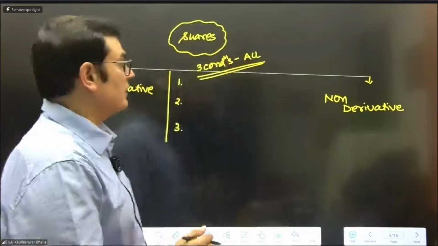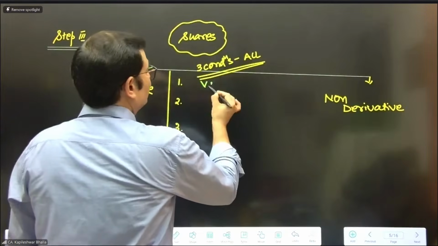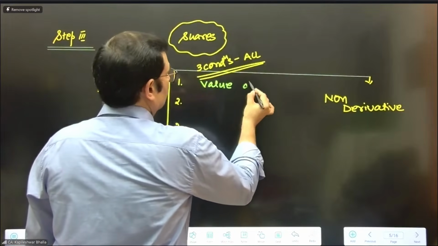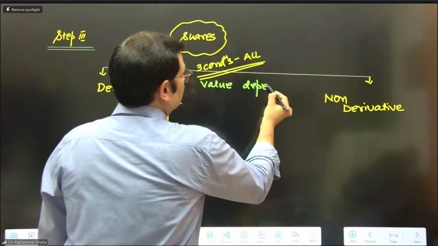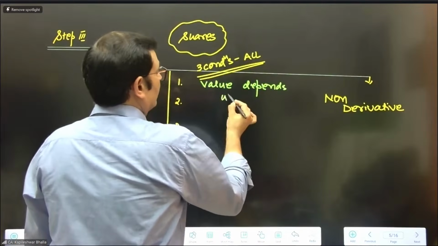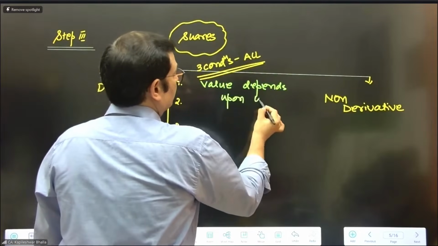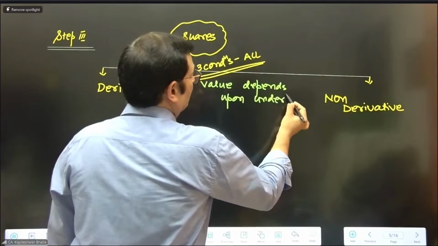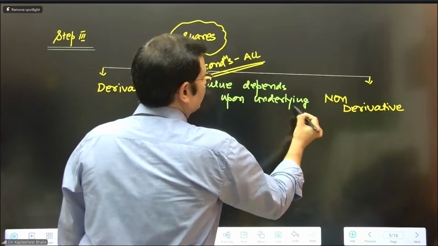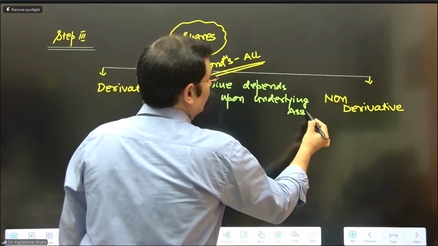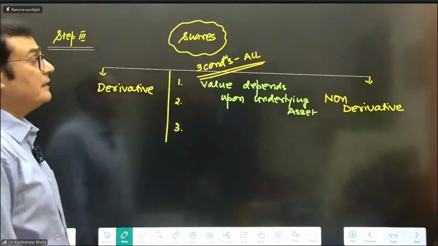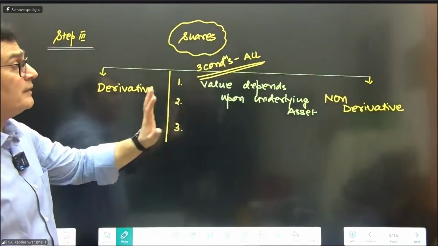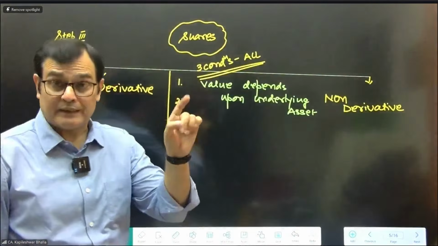So the three features are: the value depends upon the underlying asset, because a derivative, as you know from the word, derives its value from an underlying asset. That's one.